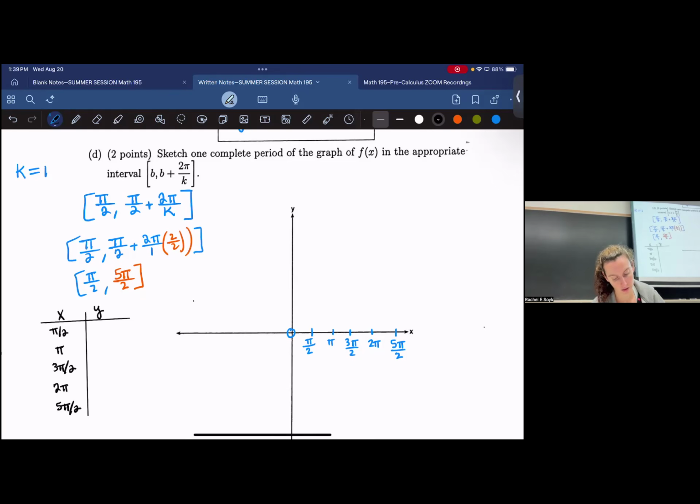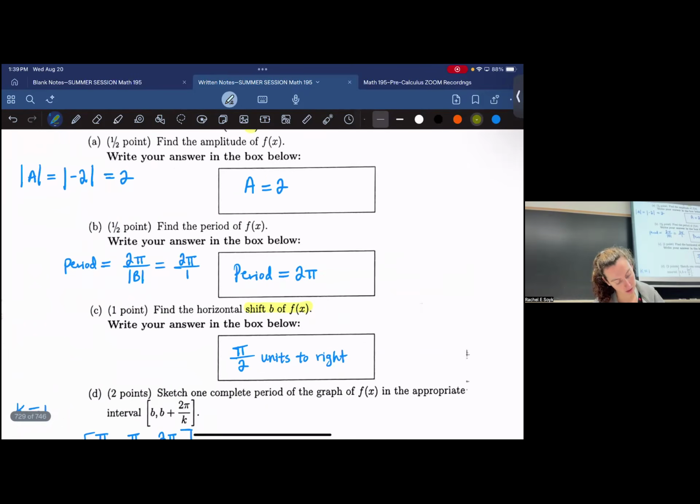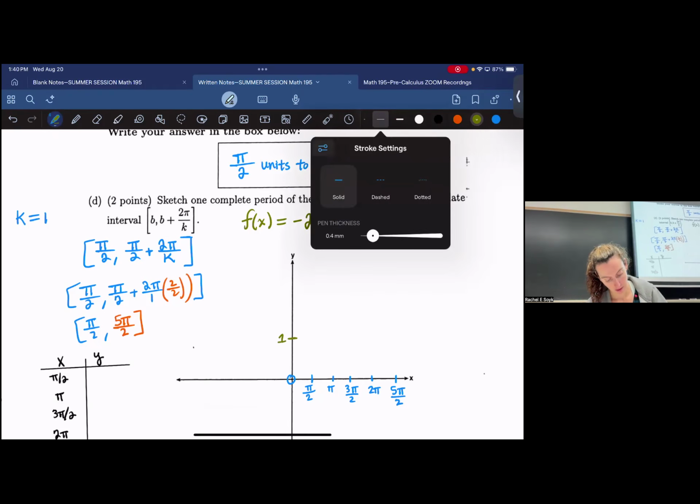And then I'm also going to write the equation of our function again. It's -2 sine x minus pi over 2 plus 1. That plus 1, aka that vertical shift, tells us what? It is also the equation of our midline. Good. So I'm going to create a little dashed line for our midline.